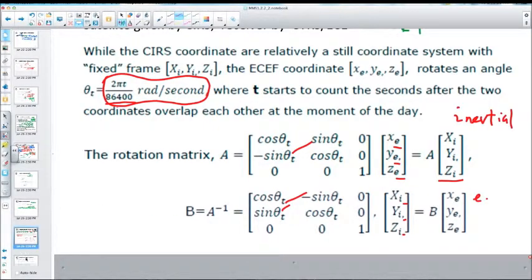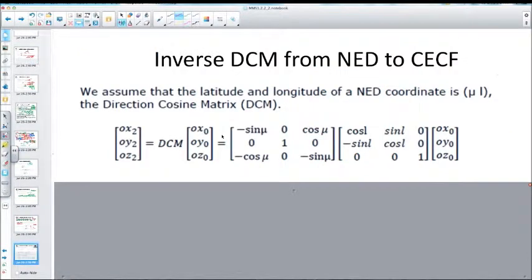Well, the next one, let's go back to the DCM we started in the last moment of last lesson, called the directional cosine matrix. The directional cosine matrix is going to change the Earth-centered global coordinate to the local coordinate. But the inverse just translates it backward.